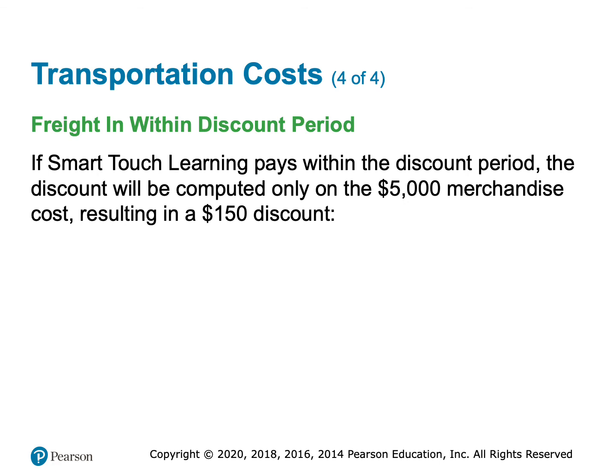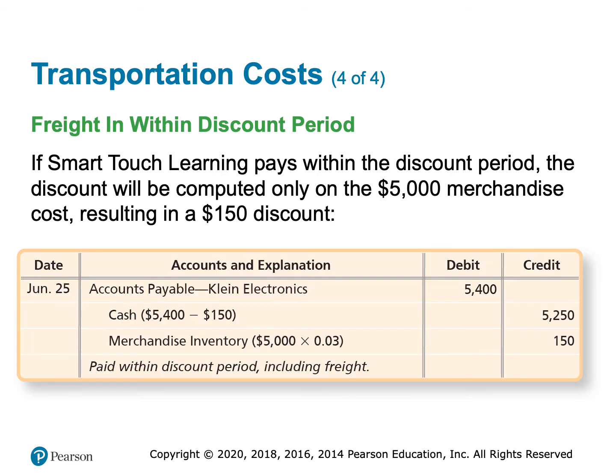And then we'll pay the $400 on top of that. So in this case, we would debit accounts payable for the full 5,400, we'll credit cash for the 5,400 minus the 150 discount, and then we'll credit inventory for the 150 discount also.